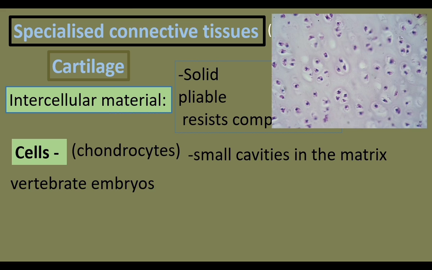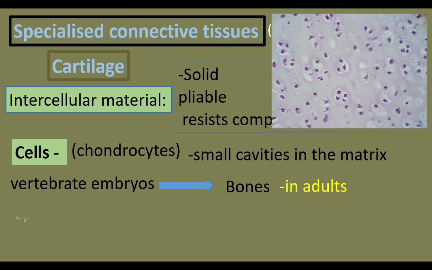Within the small cavities, chondrocytes are kept. In vertebrate embryos, that is embryos of fishes, amphibians, reptiles, aves, mammals, more amount of cartilage is present. In adults, the cartilages are replaced by bones. In the adult body, cartilages are found in certain regions.